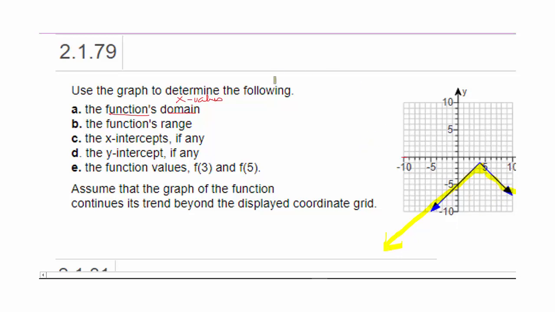So what's the furthest point to the left on this graph? Well, there isn't one. It goes on forever out to negative infinity. So the domain is going to include all the numbers out to negative infinity. And then what's the furthest point to the right? Again, there isn't one. It continues onward, so it goes out to positive infinity.